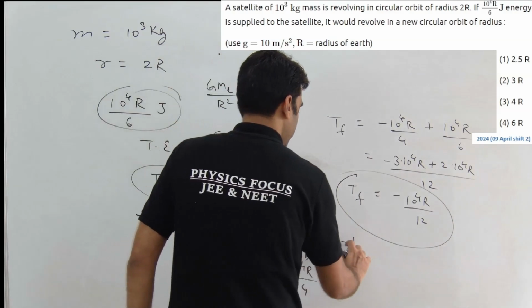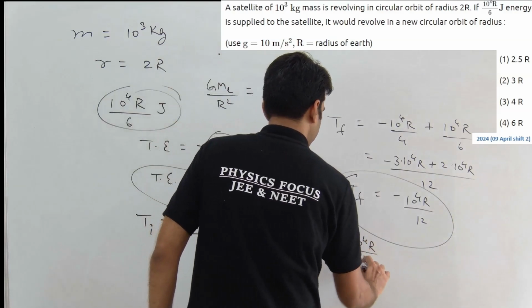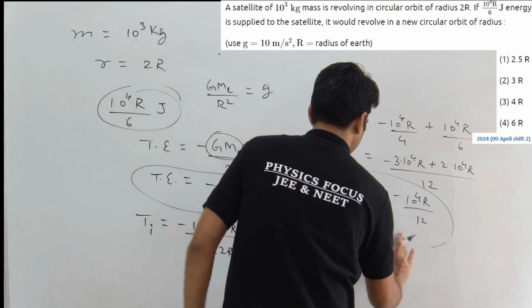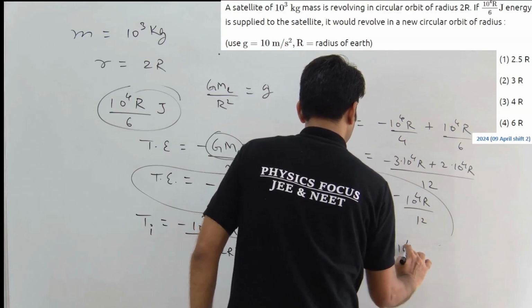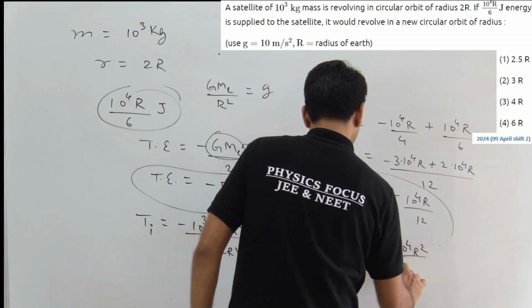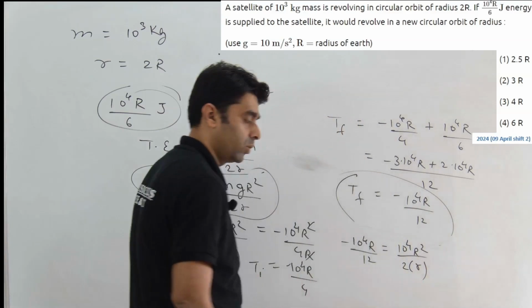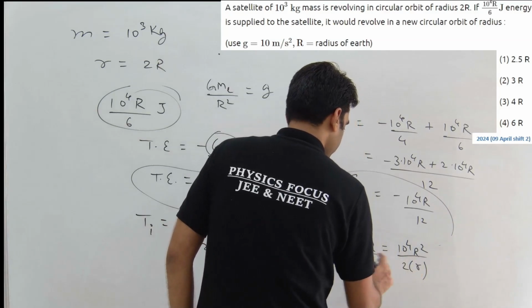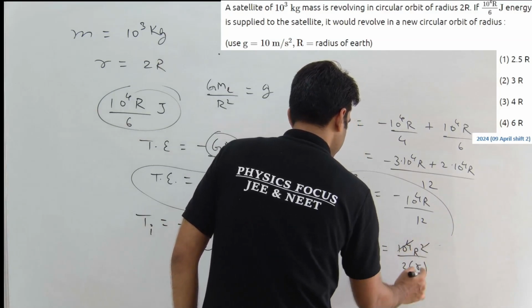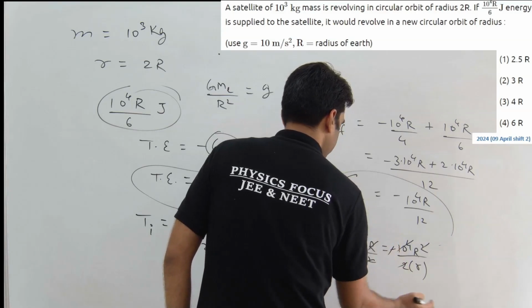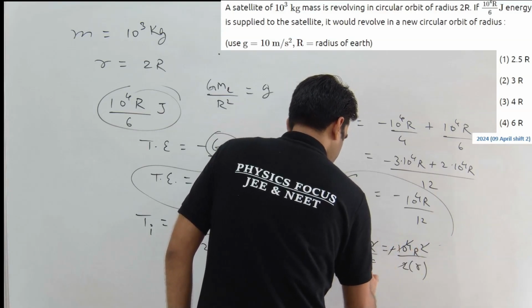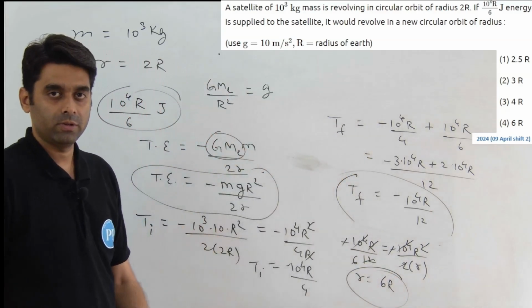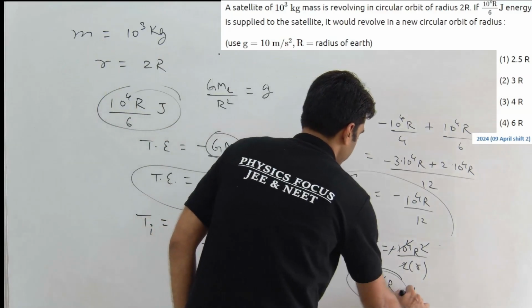So minus 10 power 4 R by 12 is equal to mg, where m is 10 power 3, and we substitute directly: minus 10 power 4 R square by 2 times small r, the new orbital radius. 10 power 4 R cancels out, the minus also cancels, and we have small r equal to 6 times capital R. Small r is equal to 6 times capital R is our answer.